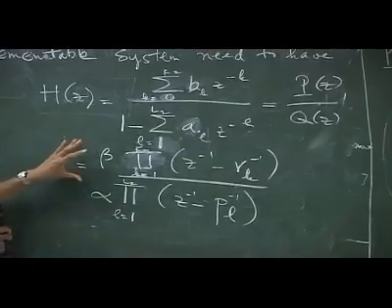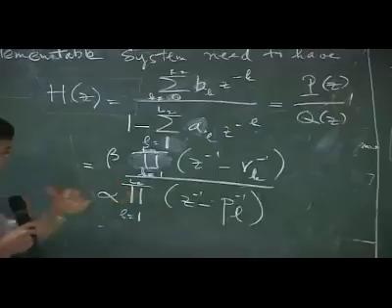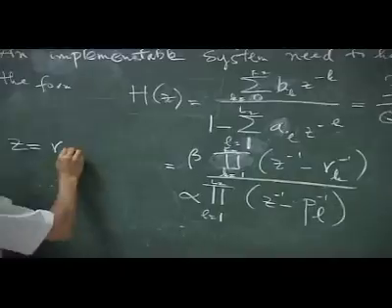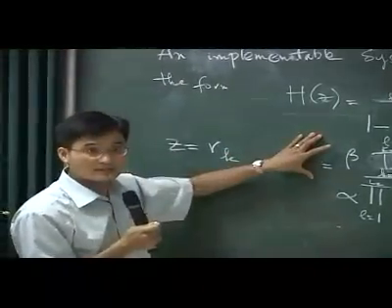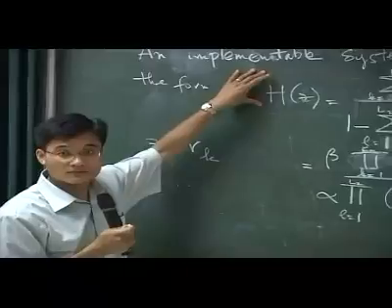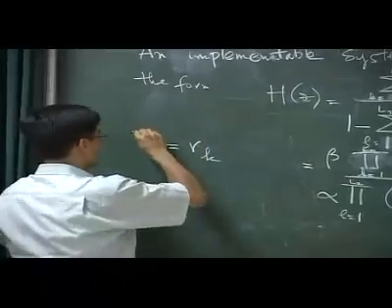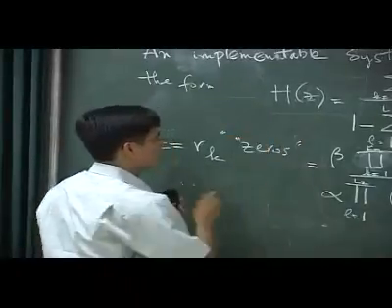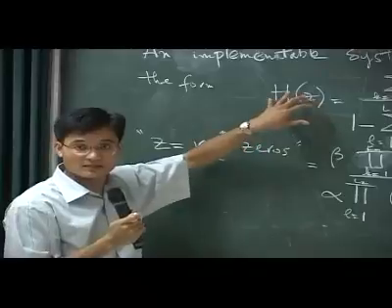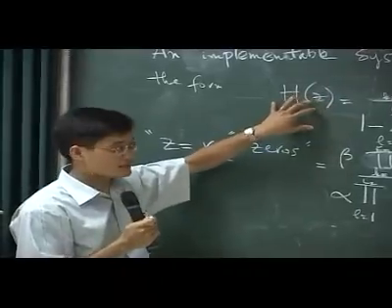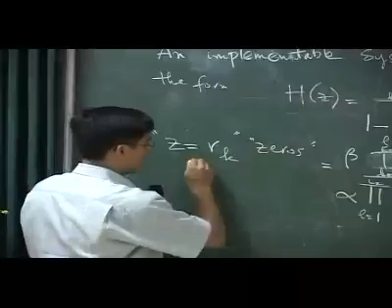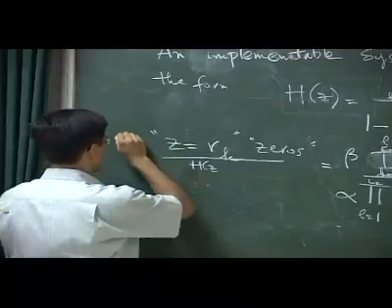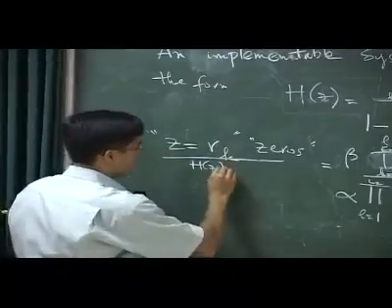These two polynomials tell me that when Z is equal to one of these R_K, this thing goes to 0. So this is called the zero of this transfer function. That means where S of Z is equal to 0.